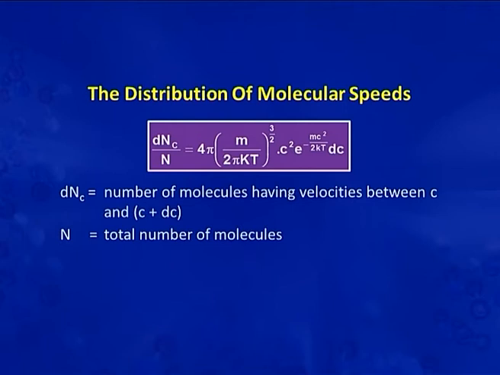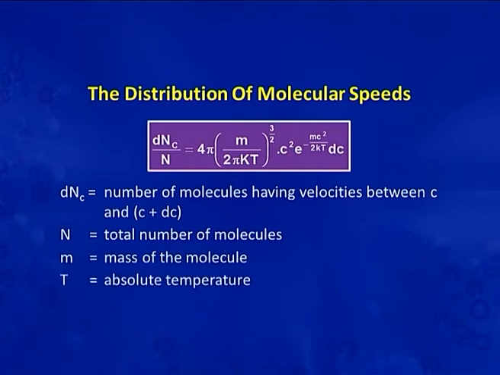N stands for the total number of molecules, m is the mass of the molecule, T is the absolute temperature, and k is the Boltzmann constant. So, let us derive this distribution equation for molecular speed.